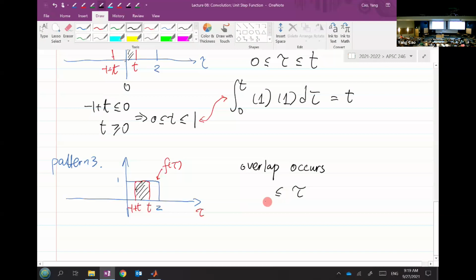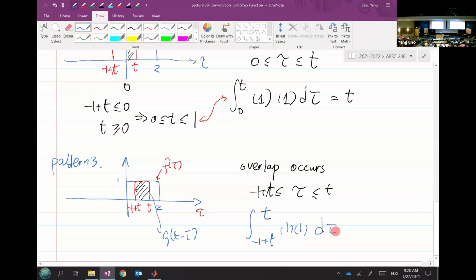Then your integral of the convolution has this limit, and you're multiplying f of tau times g of t minus tau. Within the overlap, both function values are 1.